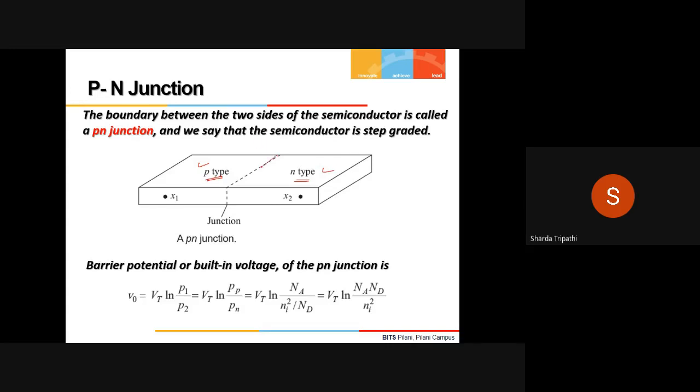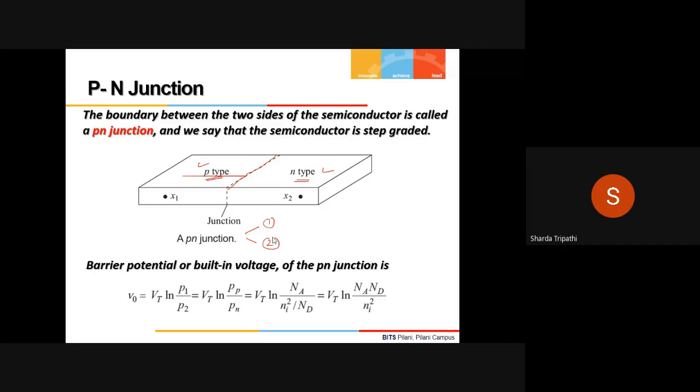Then the boundary of this P type and N type semiconductor is known as a PN junction. This PN junction has two important effects. This PN junction is actually the basis of a diode. Therefore, we are studying this PN junction over here.